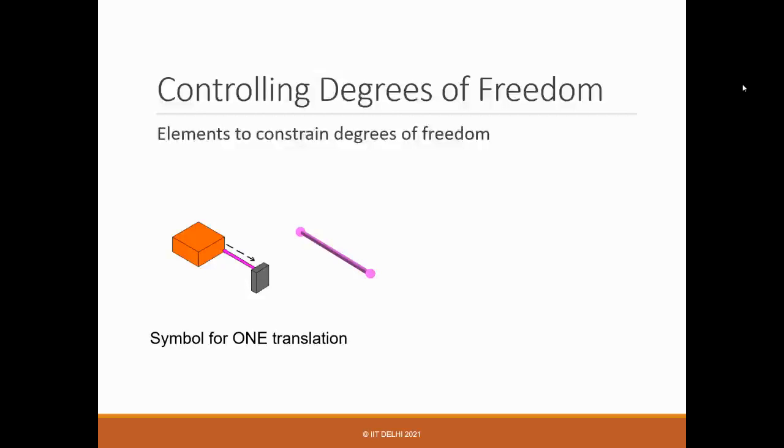Now let's continue. What we need to understand is what are the elements, or you can say what are the components, by which you can achieve these constraints, right? So, okay, for one DOF translation, we start with point contact. We call it a ball on a flat, and what we define is a constraint line. But in that example, we also discussed a bar.